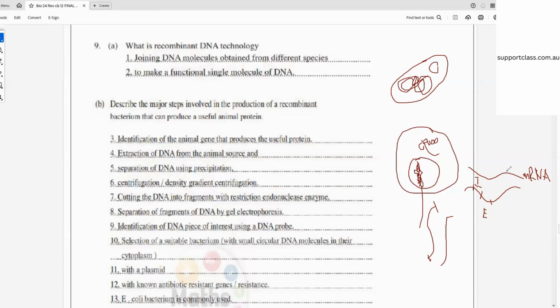But the mRNA we call is primary mRNA, or pre-mRNA, because this primary mRNA undergoes post-transcriptional modifications, right? One of them is splicing.